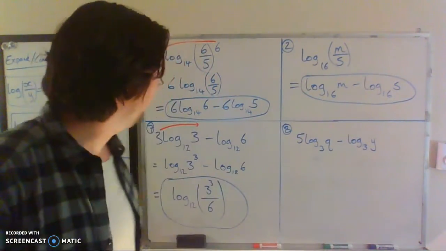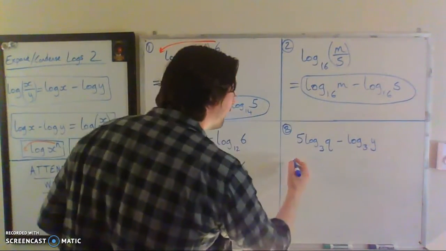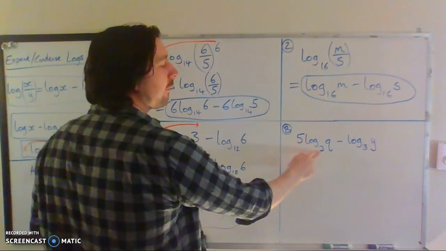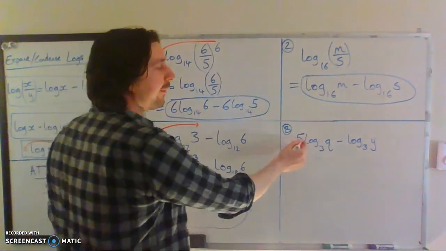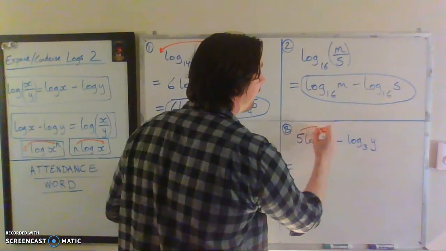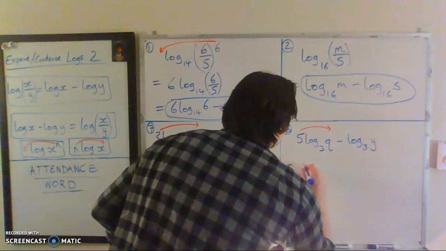Let's do number 8 as well. It's actually the same thing as number 7. 5 log base 3 of q minus log base 3 of y. There's a number in front of this one, there's not a number in front of this one, so I'm going to bring this up here, because then they'll both be the same. They'll both just be log.